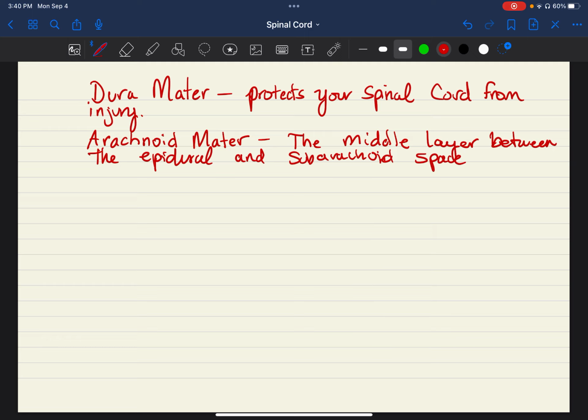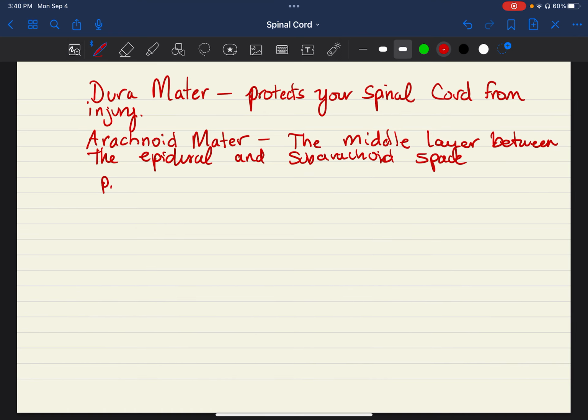Let me write this a little better. Sorry for my writing. All right, so then we have the pia mater. Okay, so what is the pia mater? So the pia mater is the inner layer that covers your spinal cord.